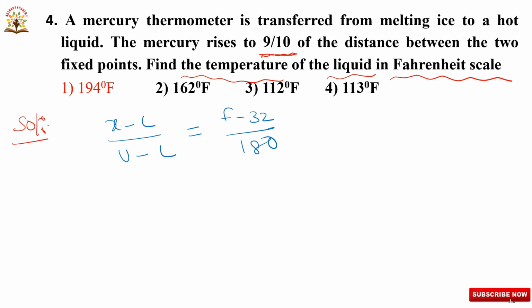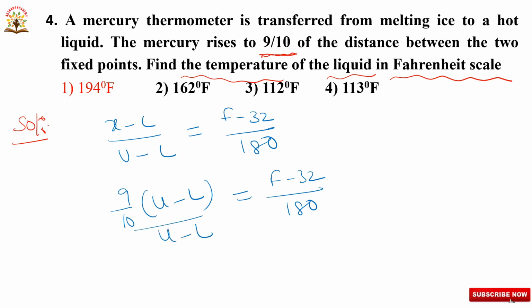X minus L they given as 9 by 10 of U minus L. So 9 by 10 of U minus L is equals to F minus 32 by 180 by U minus L. U minus L cancel. 9 by 10 is equals to F minus 32 by 180.